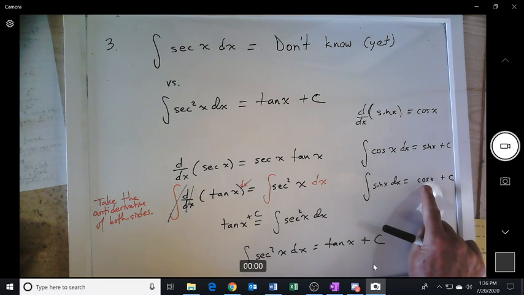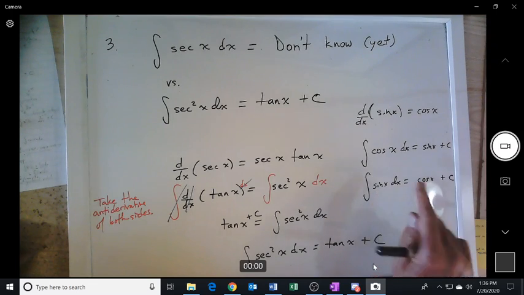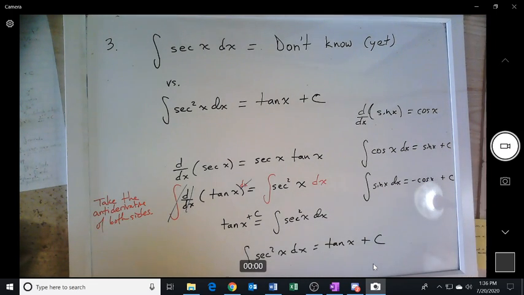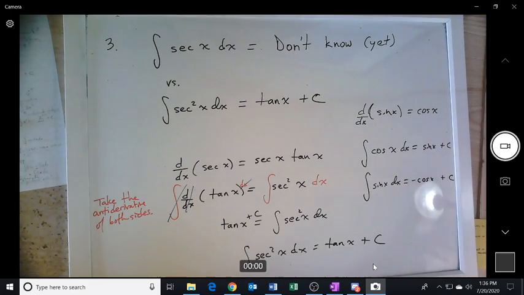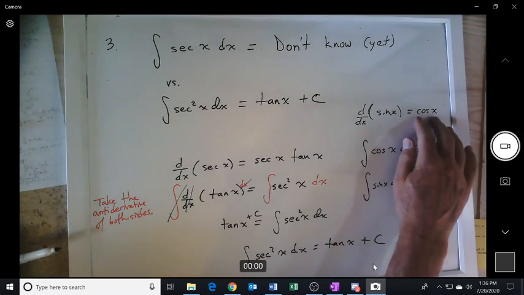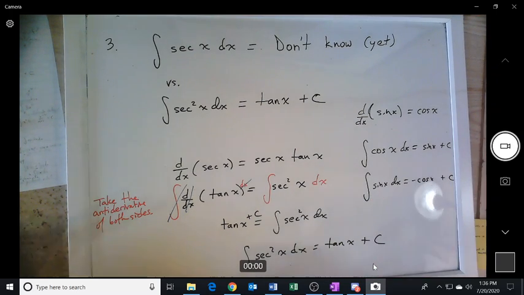Because if you take the derivative of cosine x, it doesn't match this. You'd get negative sine x. So you have to put a negative. Now the derivative of this, you'll get an extra negative to match that. And so the derivative of sine x stayed the same sign, but now when you take the antiderivative of sine x, that's the one that has the negative in it. And so things become a little bit strange because we're going up the chain backwards. All right. Any questions?